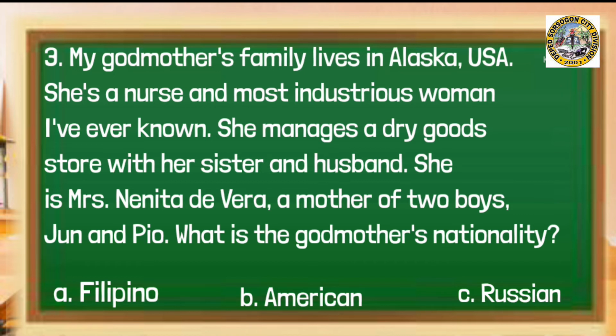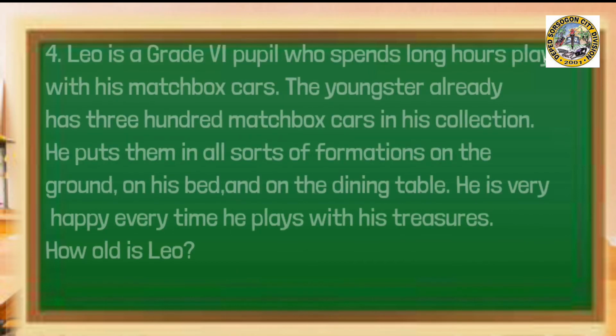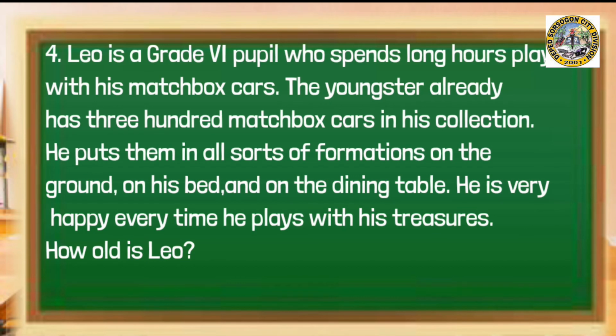Well done, kids. Let's check. Number 3, B. Number 4. Leo is a grade 6 pupil who spends long hours playing with his Matchbox cars. The youngster already has 300 Matchbox cars in his collection.